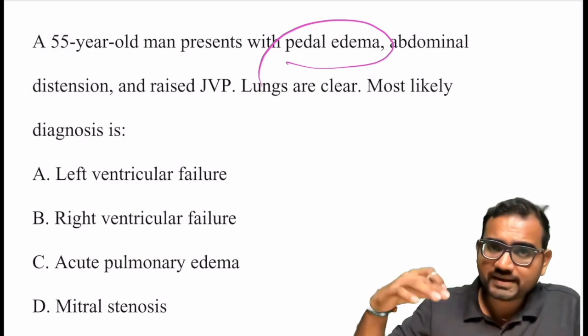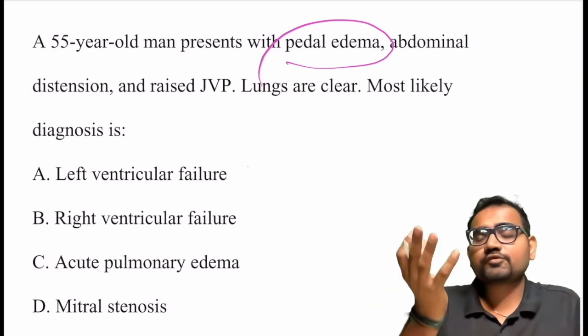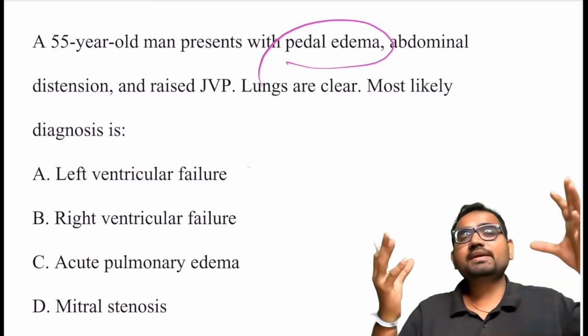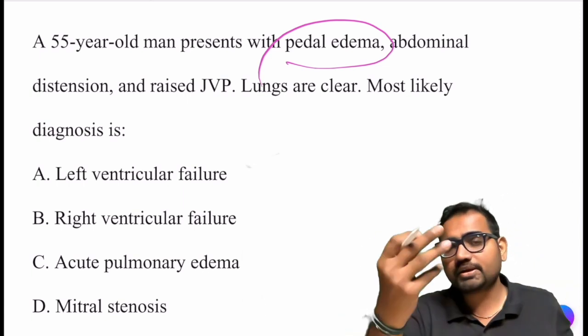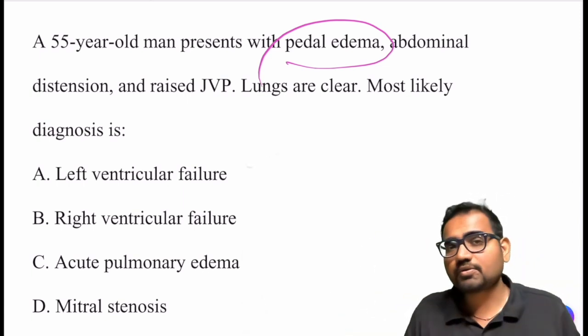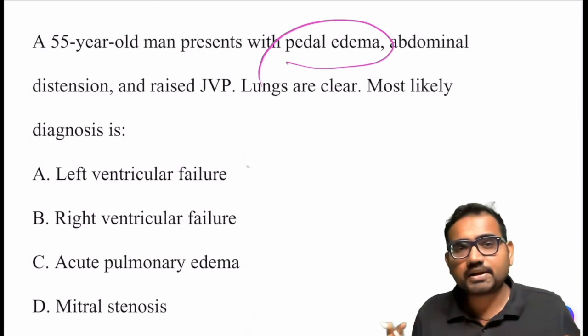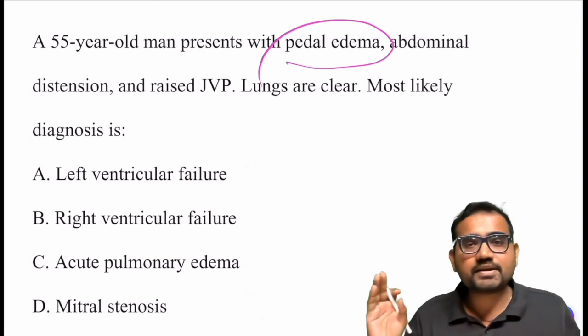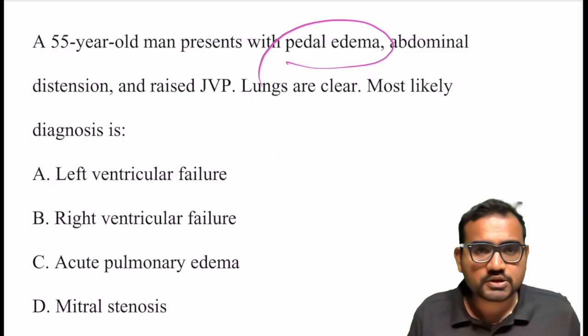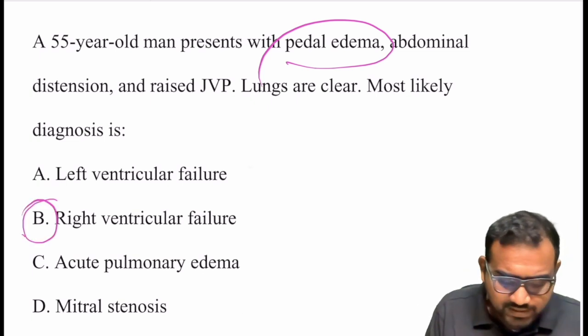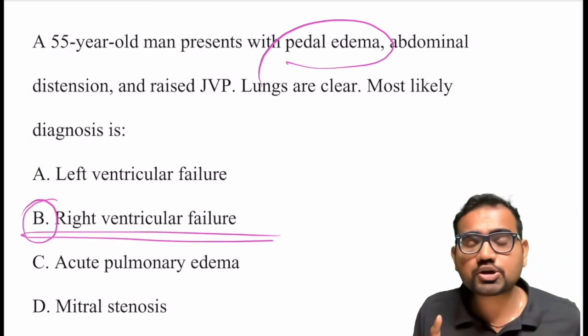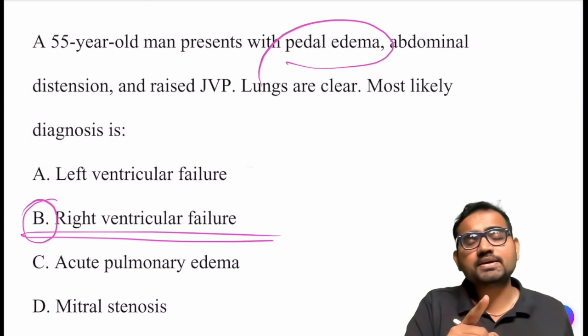So the right ventricle fails, and the blood flows back into the right atrium, and the superior and inferior vena cava are going to be flooded with blood. Pedal edema, ascites, weight gain, and raised jugular venous pulse. So this is because of right ventricular failure. What is the most common cause of right ventricular failure? It is left ventricular failure.